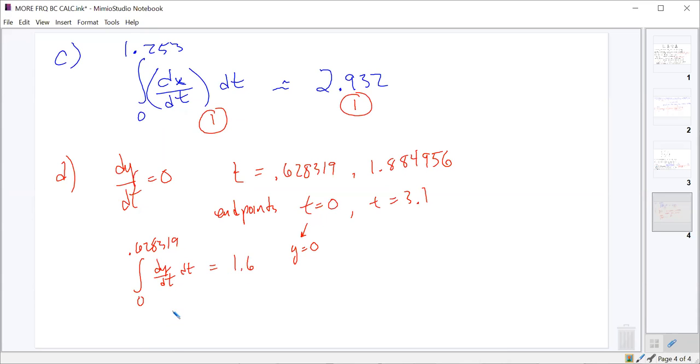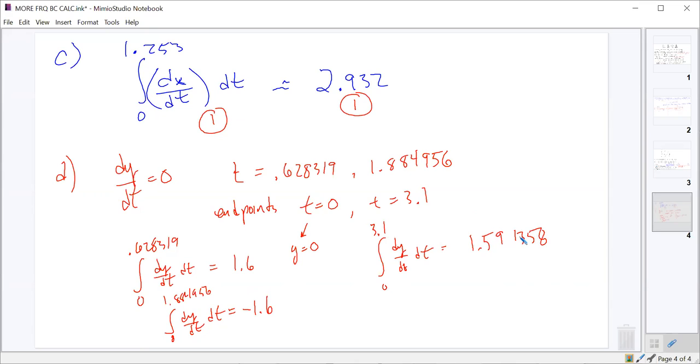If we integrate 0 to 1.884956, that one came out to be negative 1.6. And if you integrate 0 to 3.1, that one came out to be 1.591358.